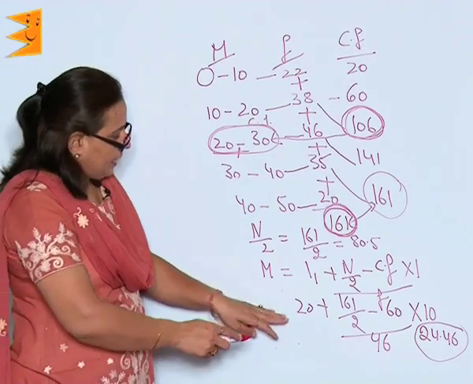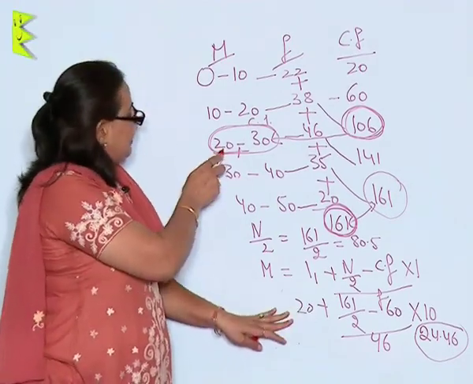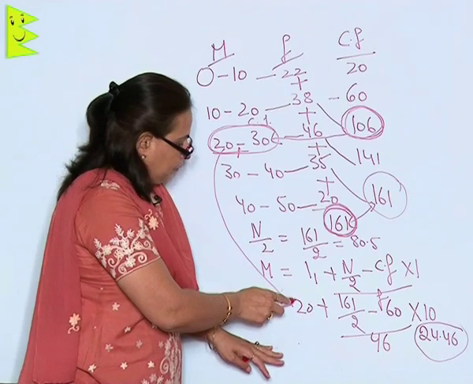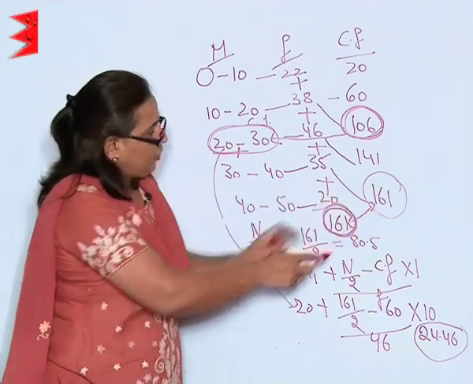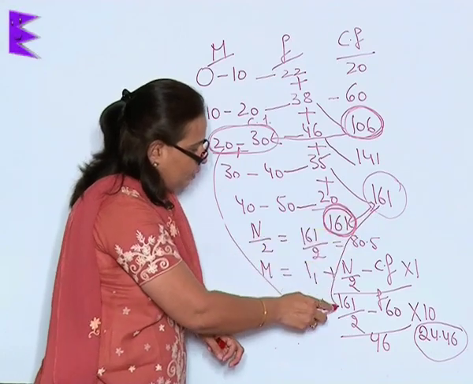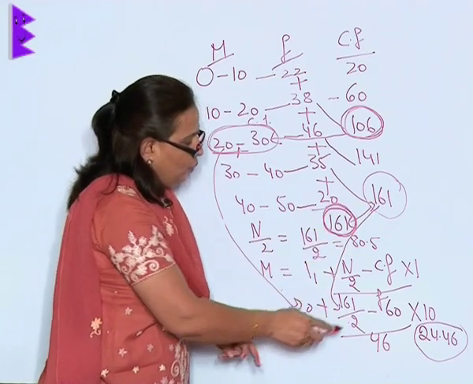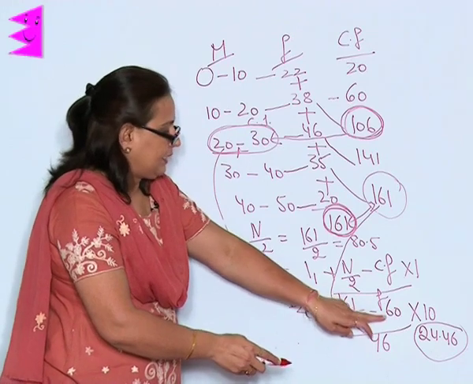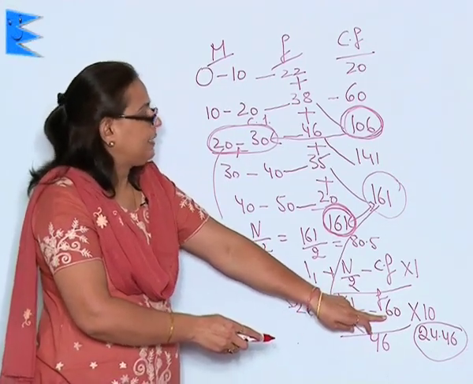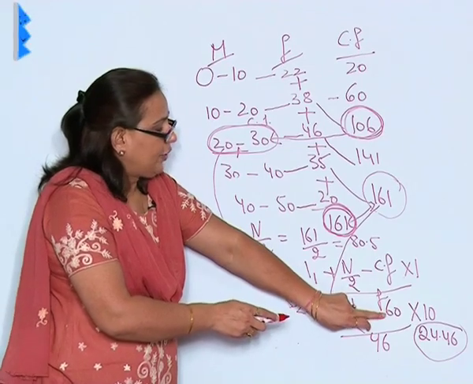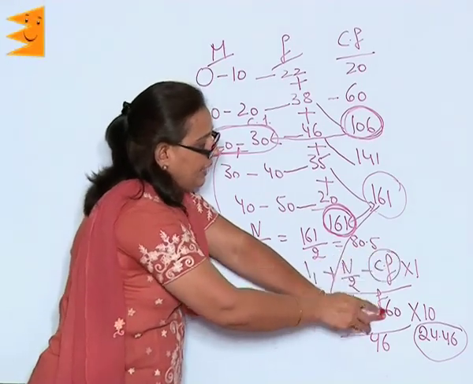The lower class limit that I have is 20. The number of observations is 161 divided by 2, minus 60. How do I get this 60? This is the cumulative frequency, that is 60.